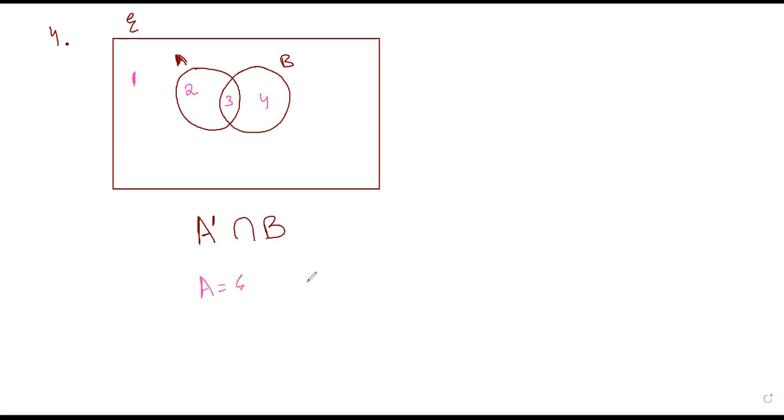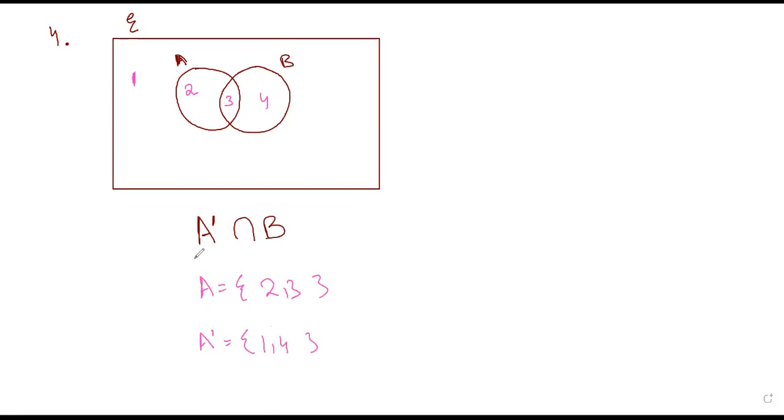Now write down A. What are the elements of set A? 2 and 3. Very good. What are we going to have in A complement then? 4 and 1. Yes, Amir, did you understand this? Yes, ma'am. Why do we have 1 and 4 in A complement?